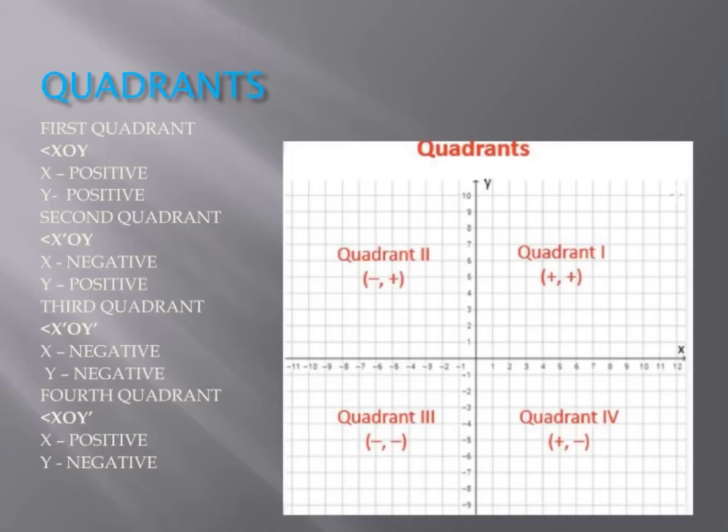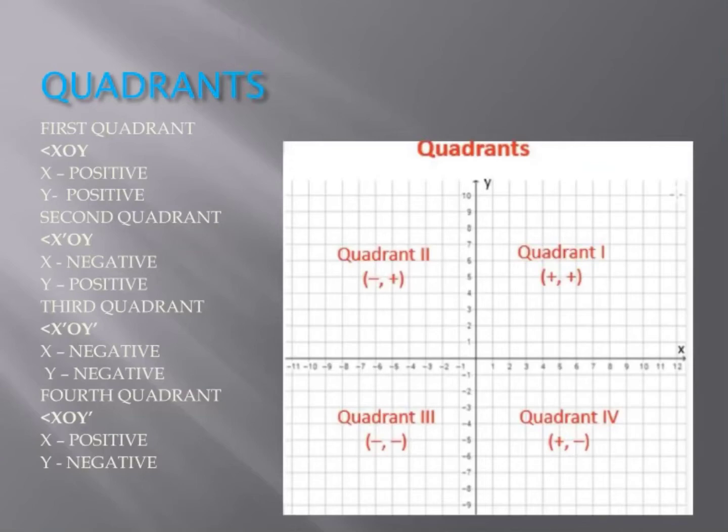In second quadrant, x will be negative and y will be positive and it is represented by angle X'OY. Third quadrant is represented by angle X'OY', in which x is negative and y is also negative. Fourth quadrant is represented by angle XOY', in which x is positive and y is negative.